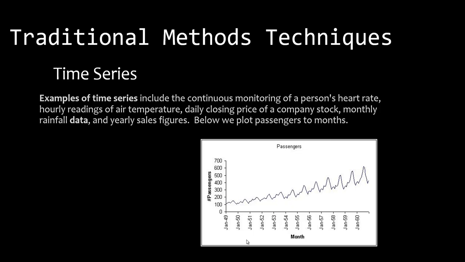I guess you can monitor your heart rate to figure out when it's going to stop at some point in time. Other examples are hourly readings of air temperature, company stock, monthly rainfall data, and so on. We basically analyze a continuous monitoring of all of those to try to predict the future and where it's going to go. Kind of makes sense, right? There are a lot of statistical formulas around this and methods to actually try to predict this.